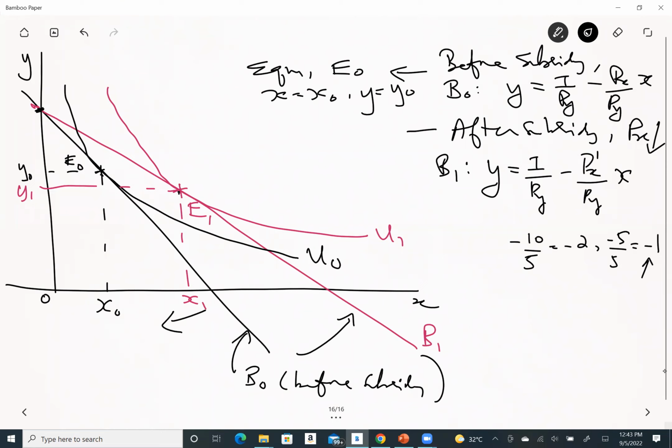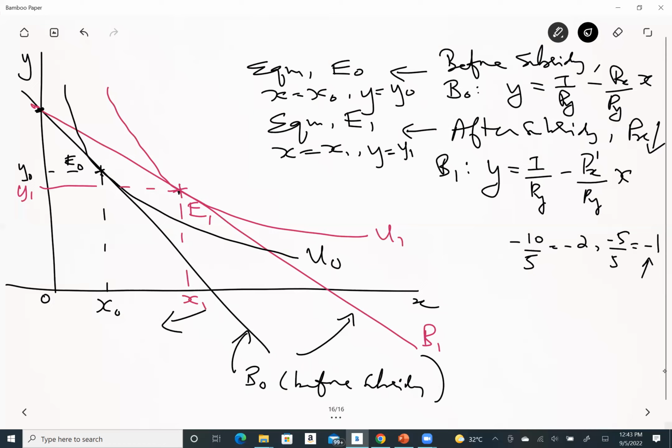Now, after the subsidy is given, price goes down, okay? Now, why do prices go down? Go back to what I said earlier on the previous page. The price goes down, you have equilibrium where? E1. X equal to X1, Y equal to Y1. Okay, now, look at the equilibrium. Make the comparison. What can we say?